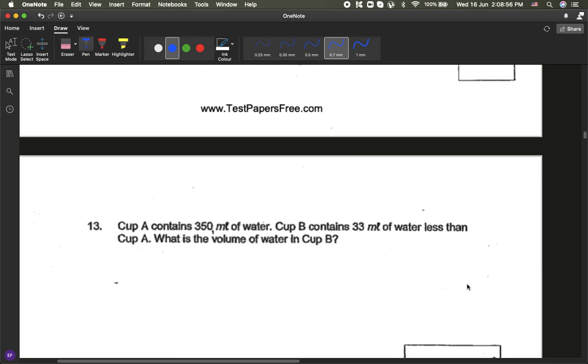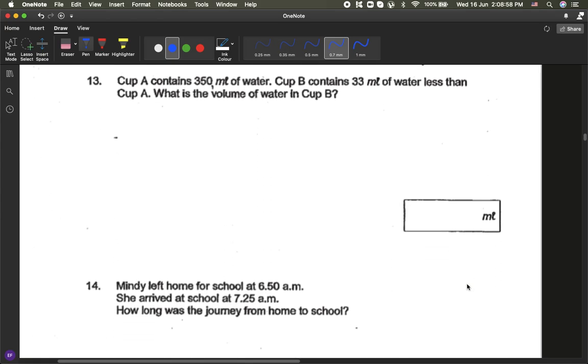Okay. Next. Cup A contains 350 ml of water, and cup B contains 33 ml of water less than cup A. What is the volume of the water in cup B?